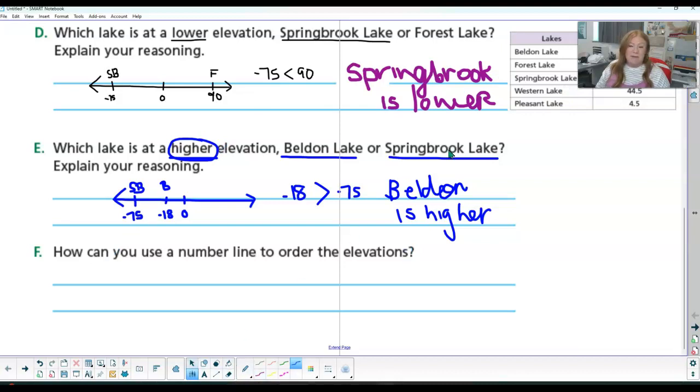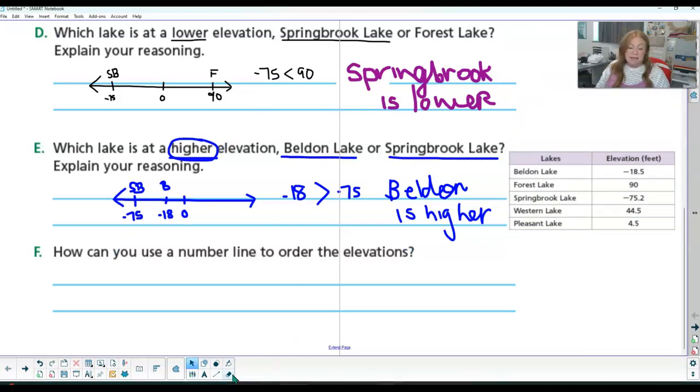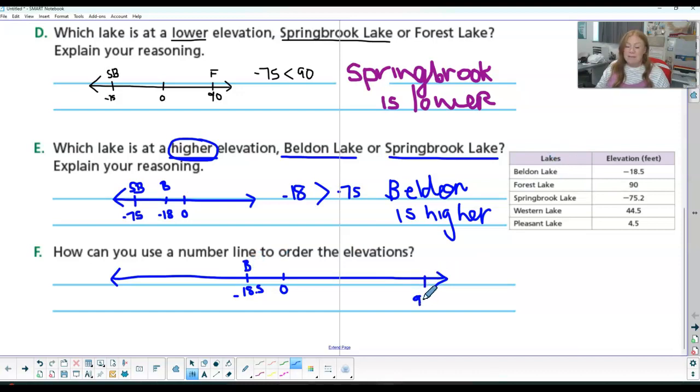So we have all of our lakes here. And if I'm putting these all on a number line, so here's 0. So let's start. So Belden, right, was negative 18.5. So here's Belden. I want to label them so I know. Forest was all the way over here at 90.